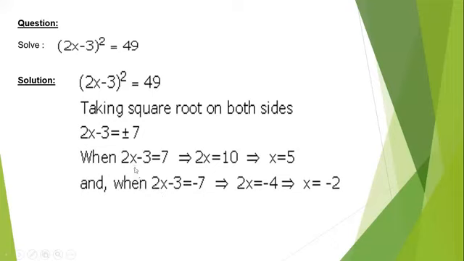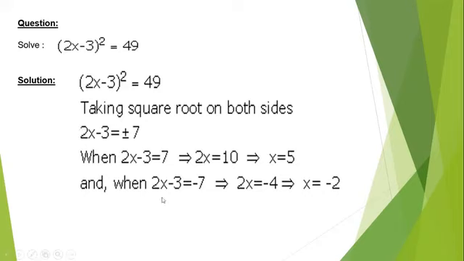When I am taking the value plus 7, this will become 2x minus 3 equal to 7. 2x is equal to 10 and x equal to 5. And when I take it with minus sign, this will become 2x minus 3 is equal to minus 7. 2x is equal to minus 4 and x is equal to minus 2. This is because again it was square on x.